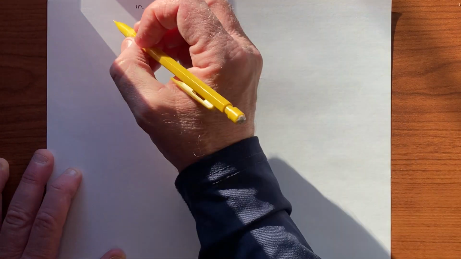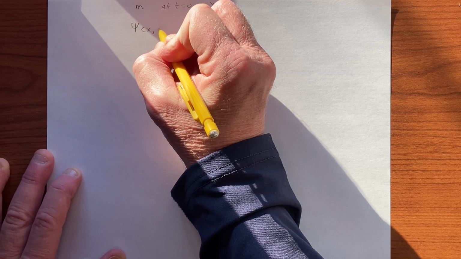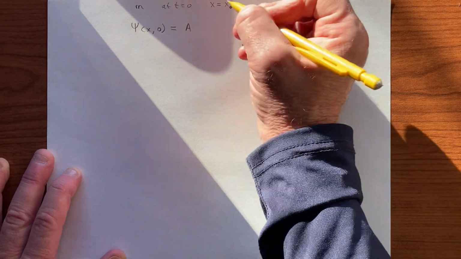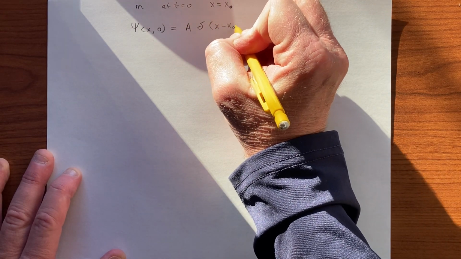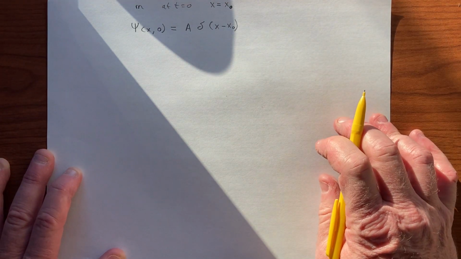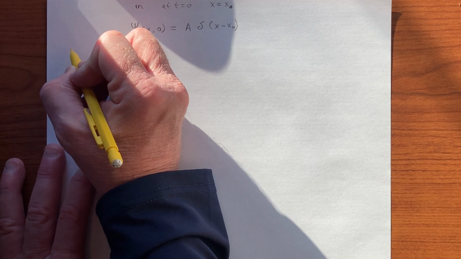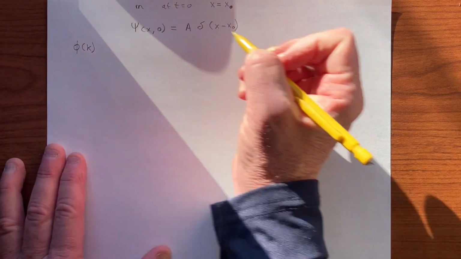What we found was that the wave function psi of x at t equals 0 looks like a delta function, right? So it's some constant times delta of x minus x naught. And we then looked at the weights, right?